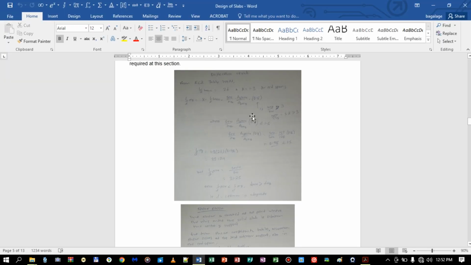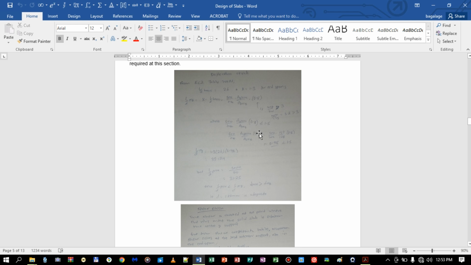Since our fyk used in this example is also 500, this will cancel out such that we remain with area of steel provided over area of steel required. Since we always provide more steel than required, the stress in the steel reduces, hence leading to a higher span to effective depth ratio, or higher resistance to deflection.